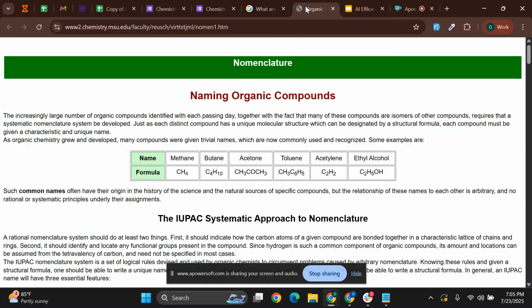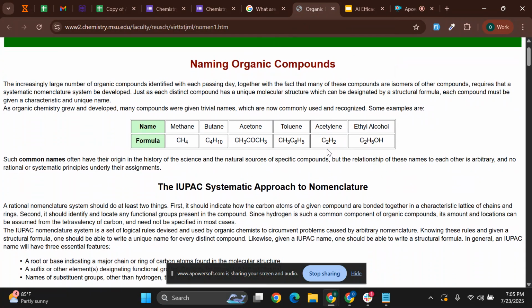For example: methane CH4, butane C4H10, acetone CH3COCH3, toluene CH3C6H5, acetylene C2H2, ethyl alcohol C2H5OH.